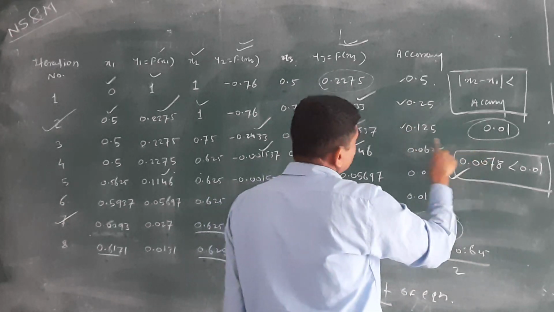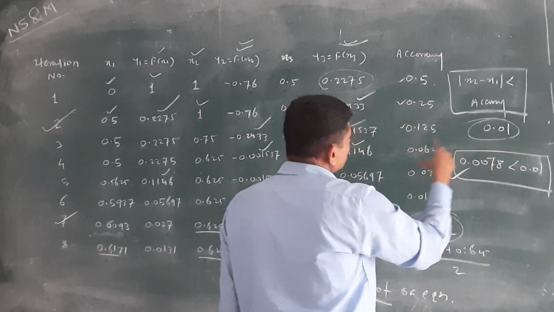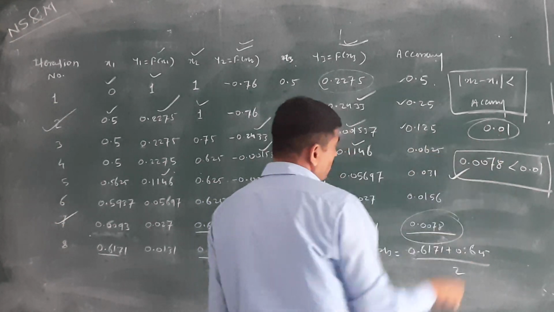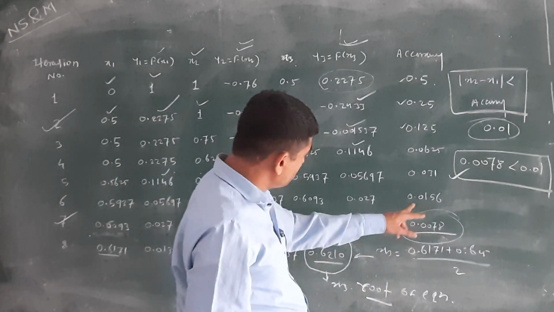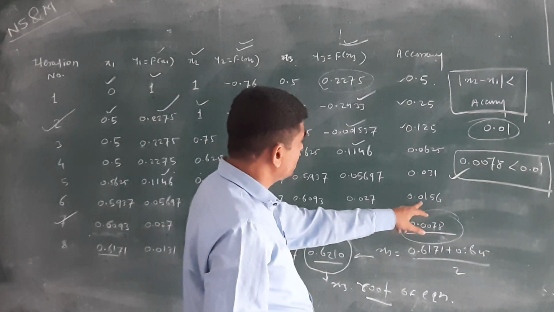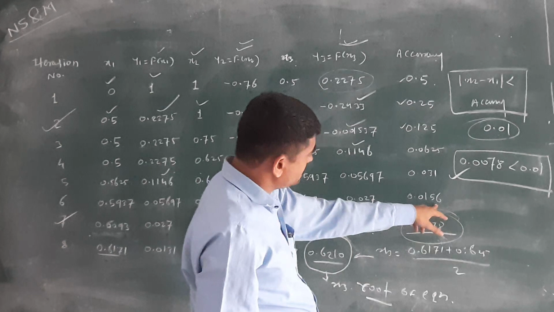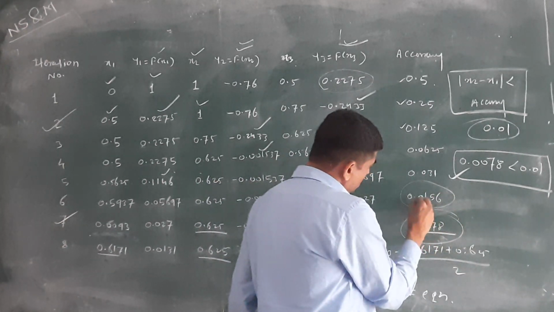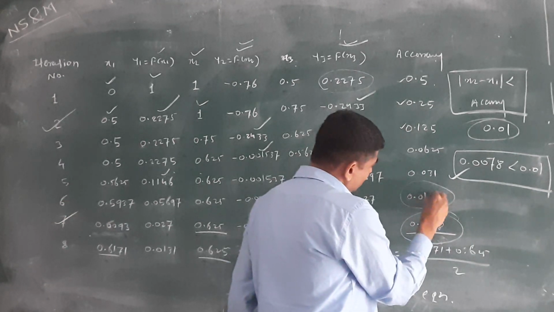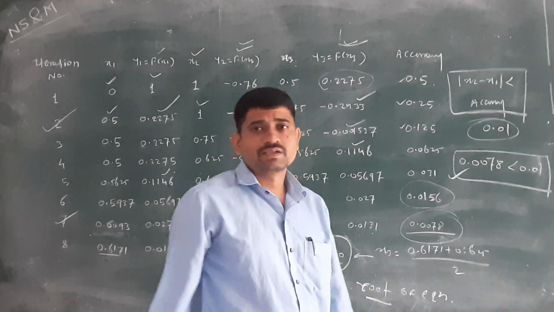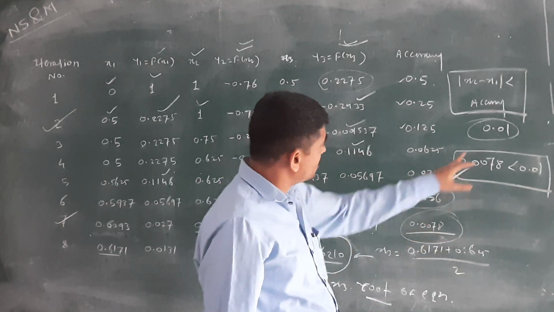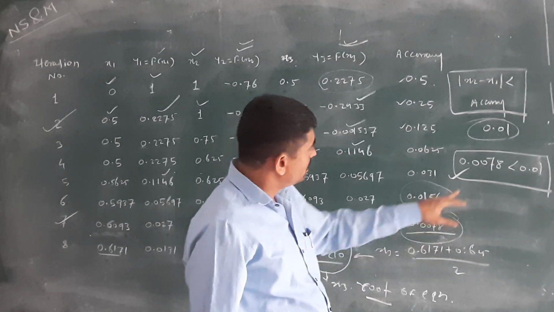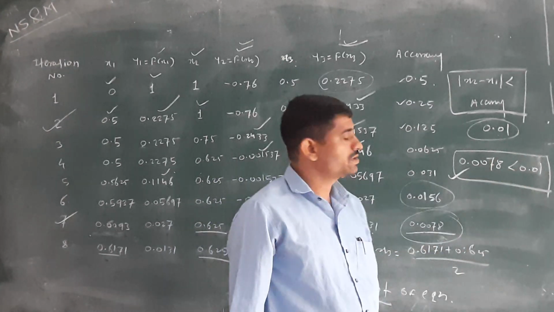Again in the third iteration 0.125 is greater than 0.01. Up to the sixth iteration, 0.0156 is there. Okay, guys, remember that you always have to consider at least 3 digits after the decimal point. This value is greater than 0.01, and in the last iteration 0.078 is less than 0.01.